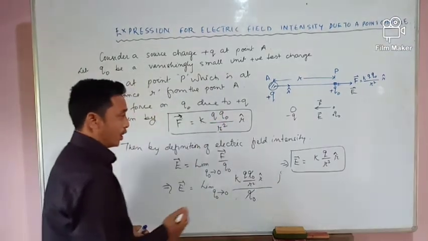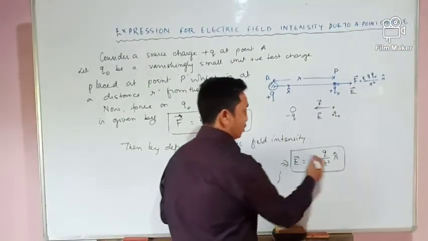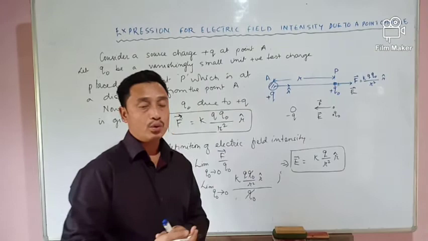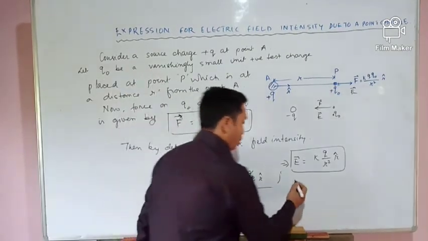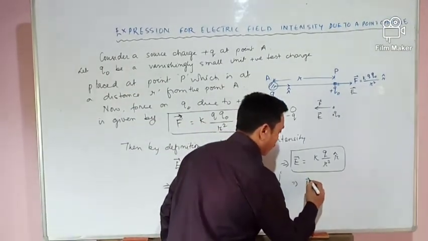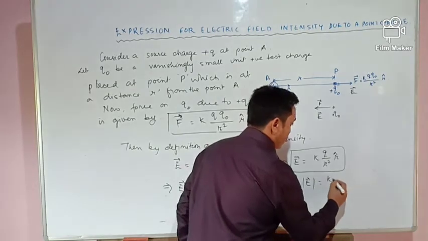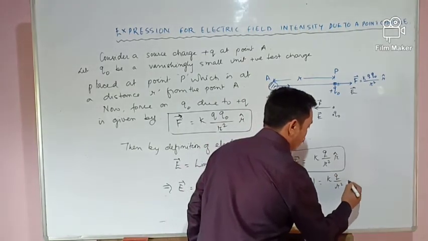So this is the expression for the electric field due to a point charge. The electric field magnitude is equal to K Q by R square.